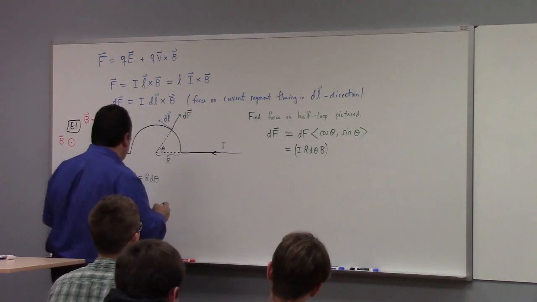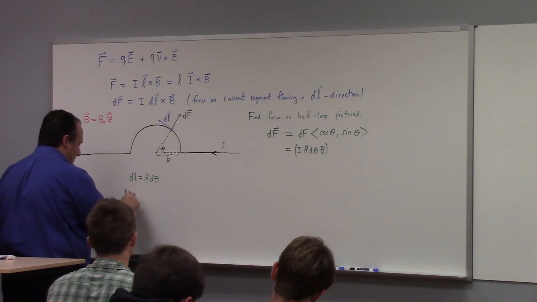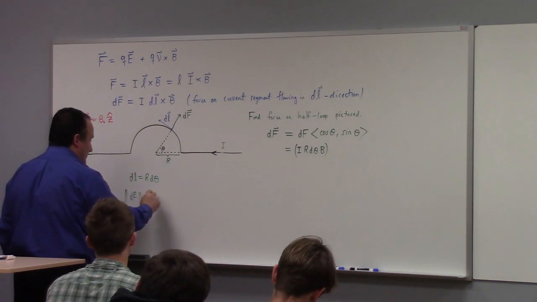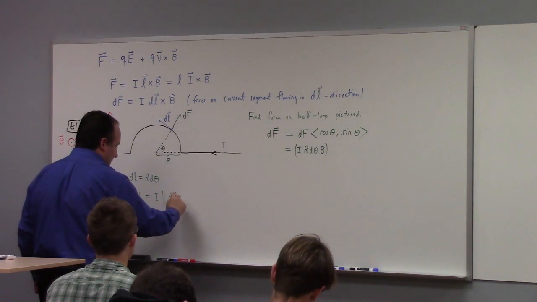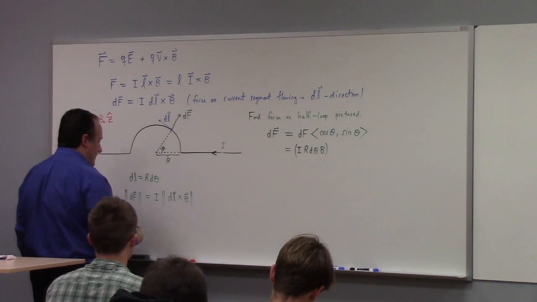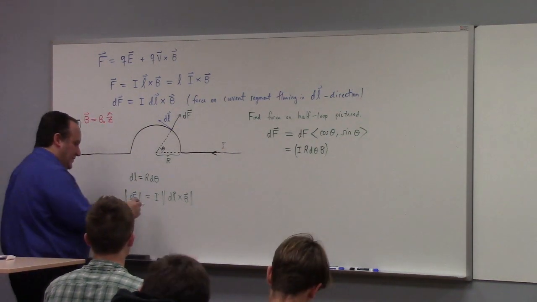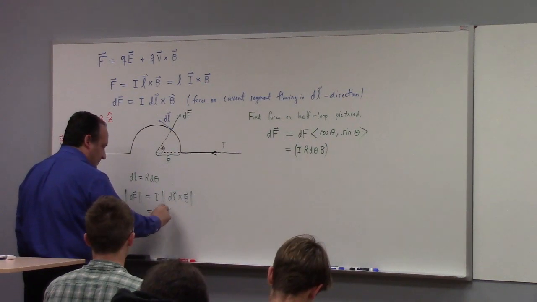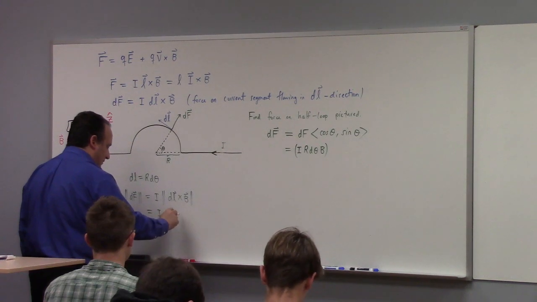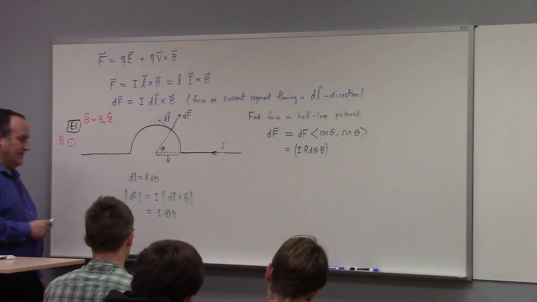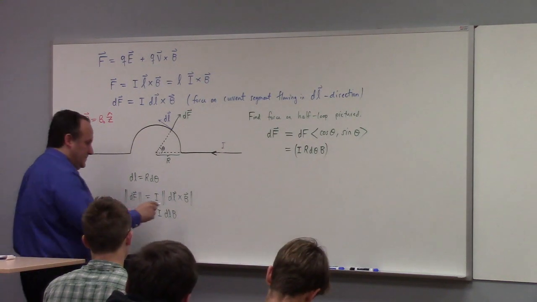So let me explain what I'm doing here. What's the magnitude of dF? Well, it's equal to I times the magnitude of dl cross B, right? But how do you calculate the magnitude of a cross product? Do you guys remember? We do dl times B times what? Cosine? Nope. Sine, right?